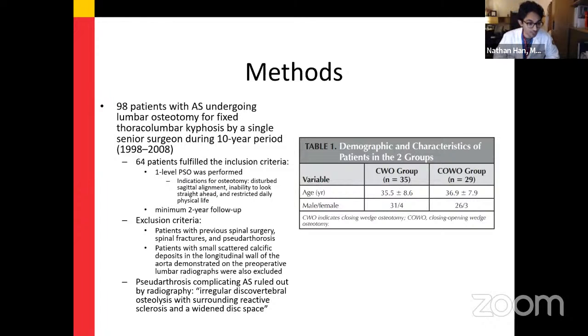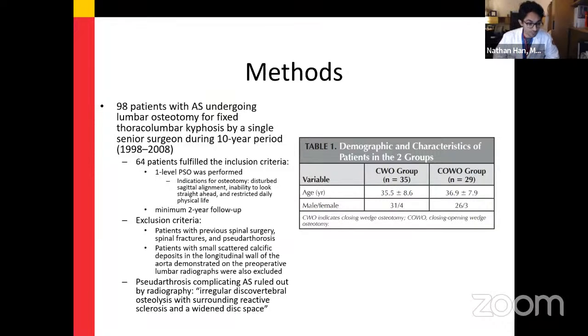There were certain exclusion criteria as well. Patients that had any form of previous spinal surgery were excluded, as were spinal fractures and any history of pseudoarthrosis. Importantly, hinting back at the vascular complications that could arise from this, patients with any scattered calcific deposits along the longitudinal wall of the aorta were also excluded, as that could result in a potentially devastating vascular complication.